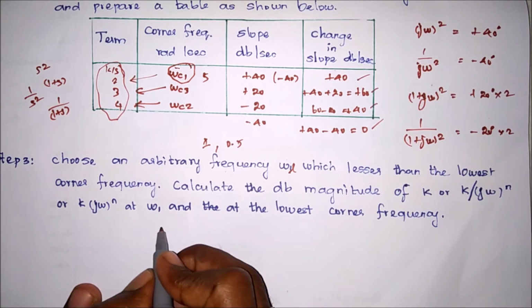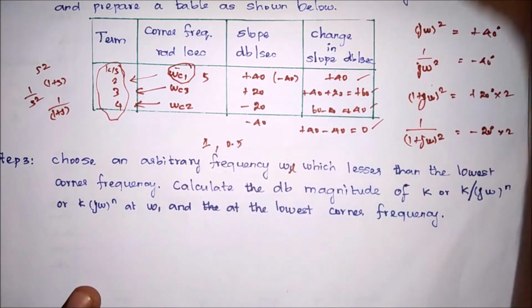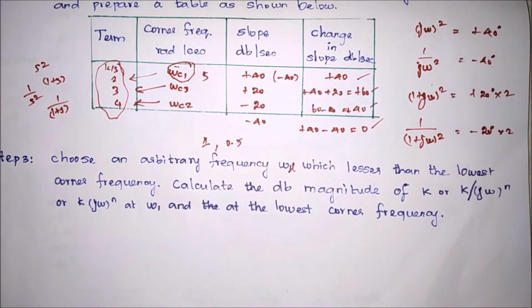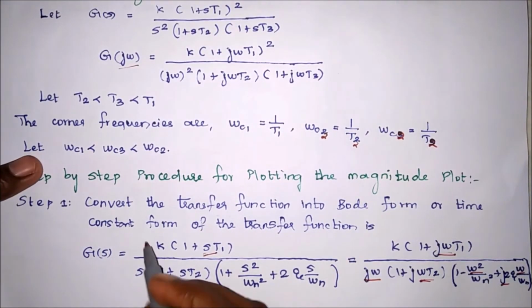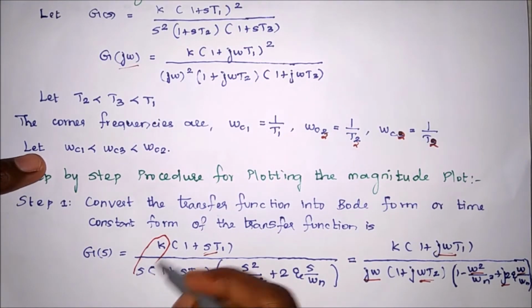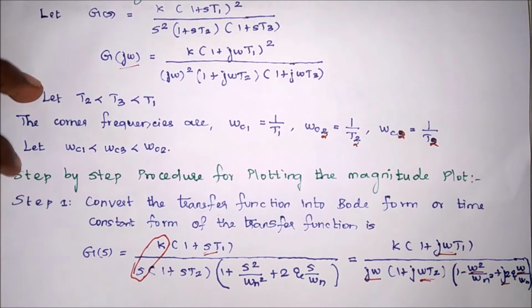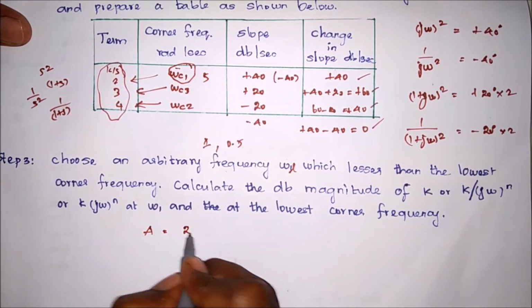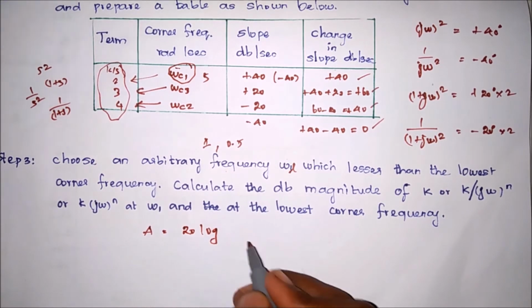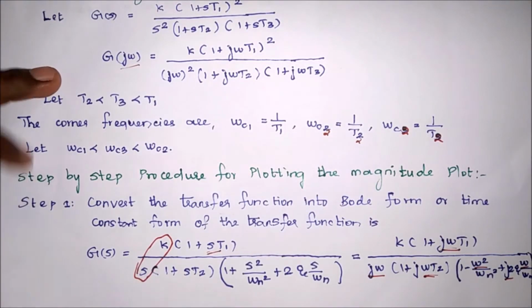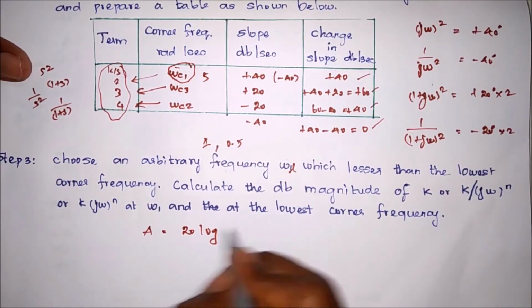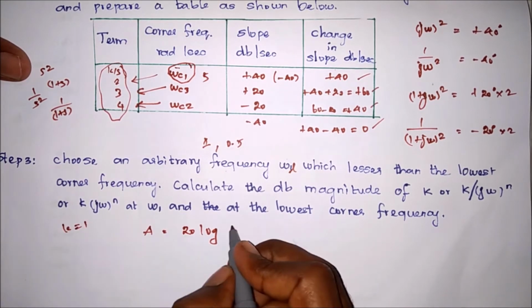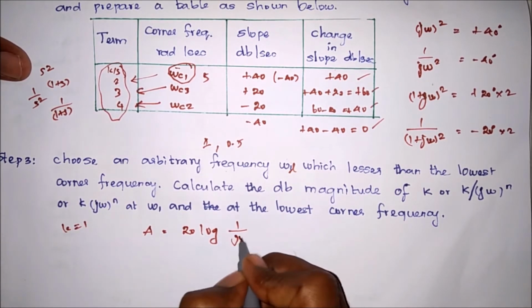For example, what we have to do? Suppose in the given problem we see, so this is the term. Here what is available we have to consider. So we can say A equal to 20 log, its term is 1 by j omega. So initially we have to consider K equal to 1, therefore 1 by j omega.